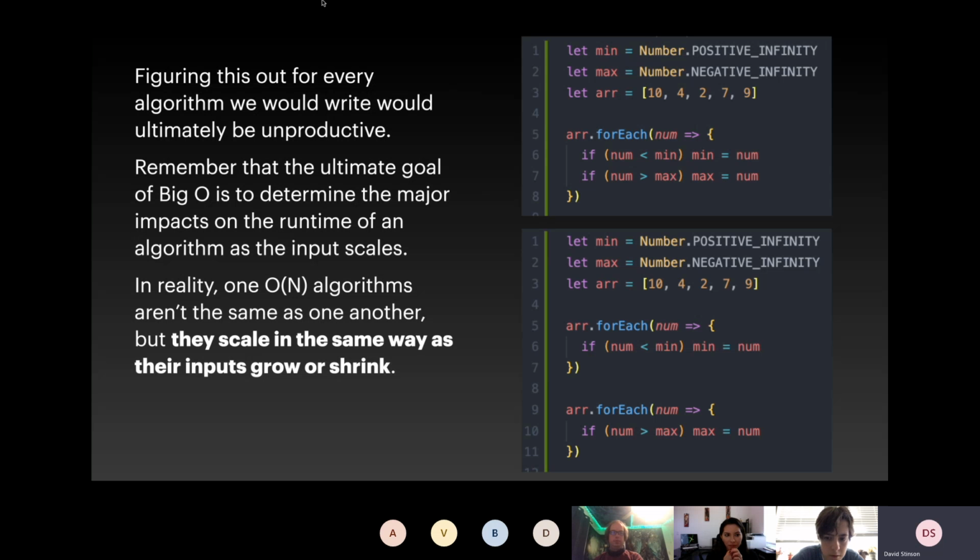What matters is that an O of n algorithm might not necessarily have the same performance as another O of n algorithm, but the way that they scale will be the same. And that also applies to other kinds of algorithms, not just O of n algorithms. That's all of our different classes.